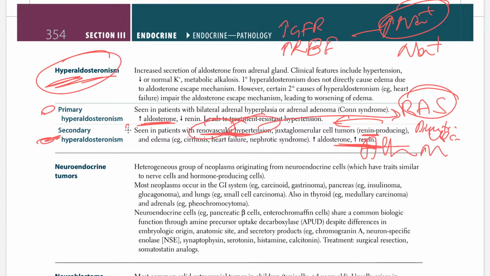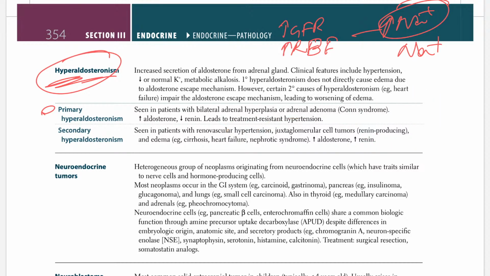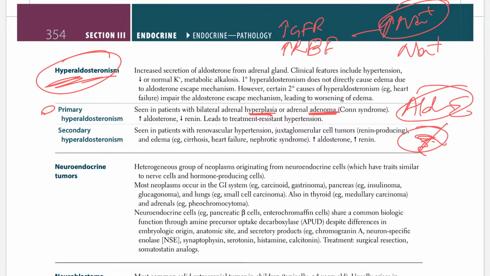Okay, all of these are the causes of secondary hyperaldosteronism. For the primary one, the cause is going to be your primary tumor, adenoma, or hyperplasia. Okay, and that is all. And with the primary, you will see aldosterone escape, and with the secondary, you will not see aldosterone escape. Okay, and that's pretty much it.